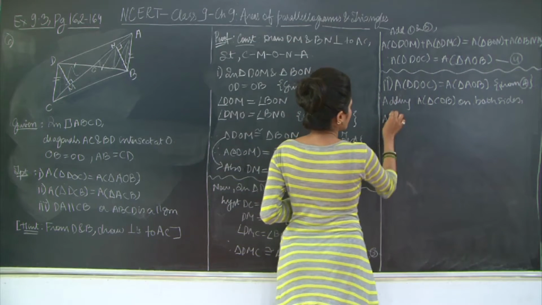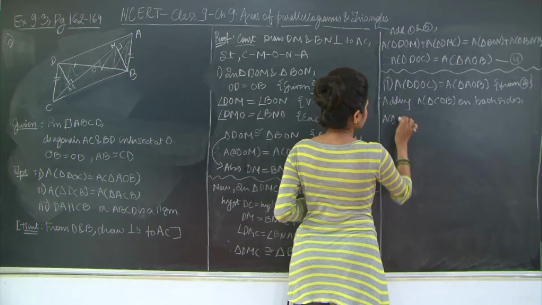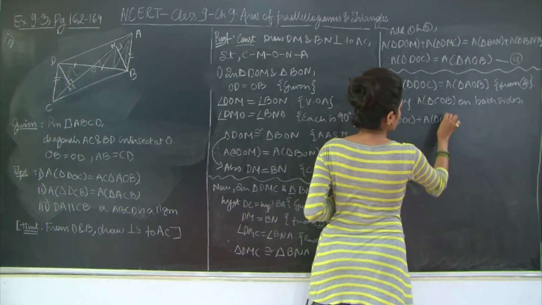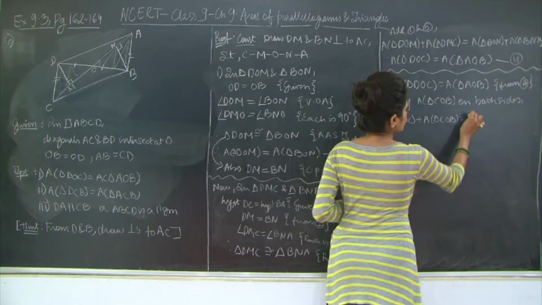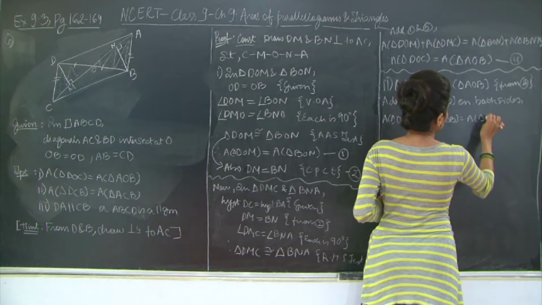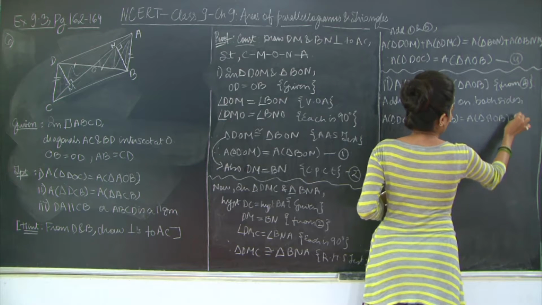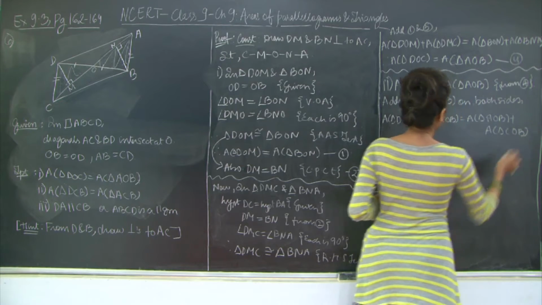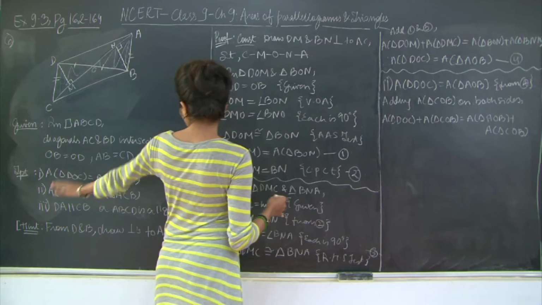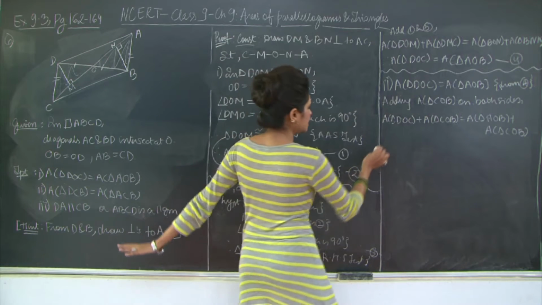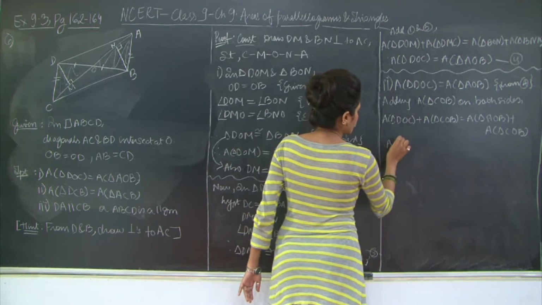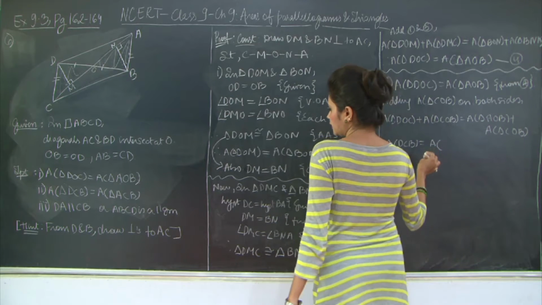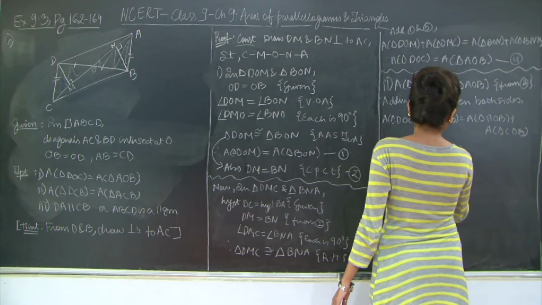Area of triangle DOC plus area of triangle COB is equal to area of triangle AOB plus area of triangle COB. This will give you what you need to prove, that is area of triangle DCB is equal to area of triangle ACB.